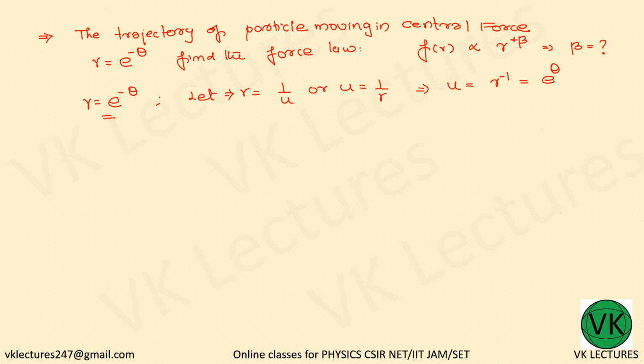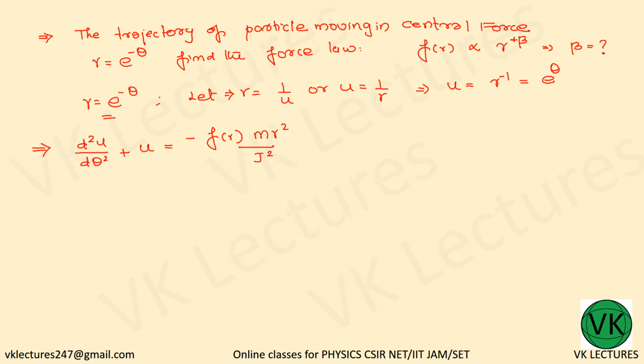Now according to the equation of motion, we have d square u by d theta squared plus u equal to minus F of r into m r squared by j squared.